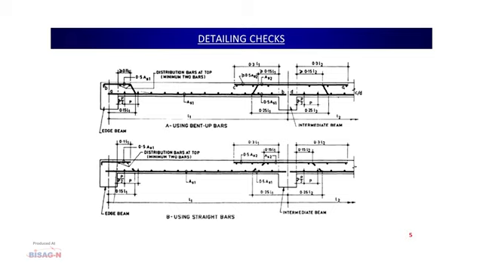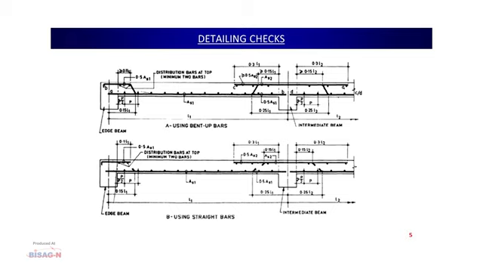The recommended distance as per the code is that at a distance of 0.25 L1 from the center of the right-hand side support, 50% of the bars should be bent up, and the same bars should be extended into the next slab up to a distance of 0.3 L2, where L2 is the span length of this particular slab. In a similar manner, whatever bars are coming from the right side should be bent up at 0.25 L2 and taken up to 0.3 L1, where L1 is the span length of this slab.